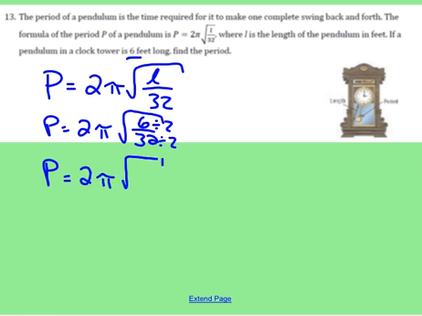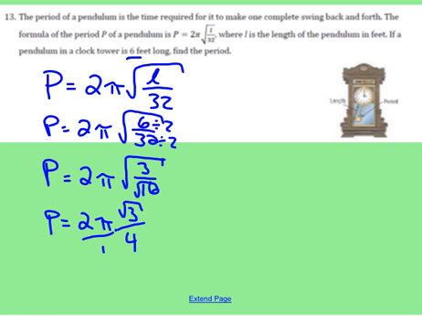Pendulum period 2 pi. This is going to be a square root of 3 over 16. What I like about that is we don't have to rationalize. Square root 3 over the square root of 16 is 4. Now remember, multiply straight across those fractions.